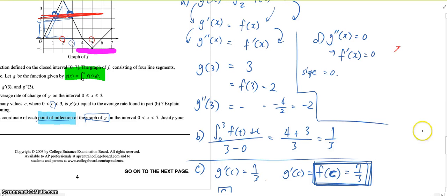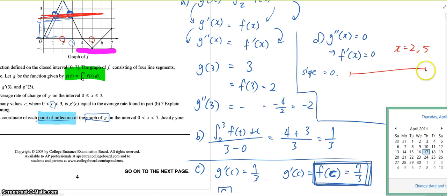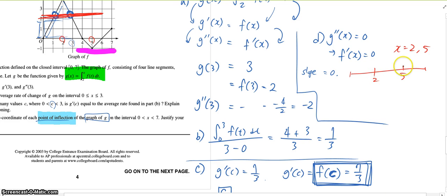Those two, x equals 2 and 5, are the possible candidates for the point of inflection. But before we conclude, we have to check first. This is called the second derivative test. What you do is check the sign by plugging in a value smaller than 2, a value between 2 and 5, and a value bigger than 5, and see if the concavity actually changes.